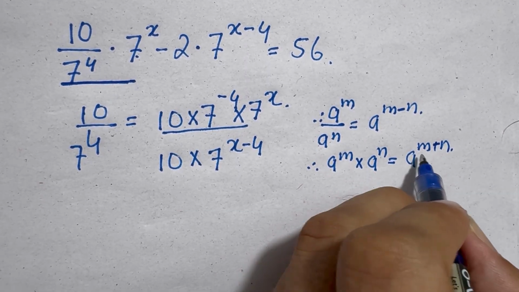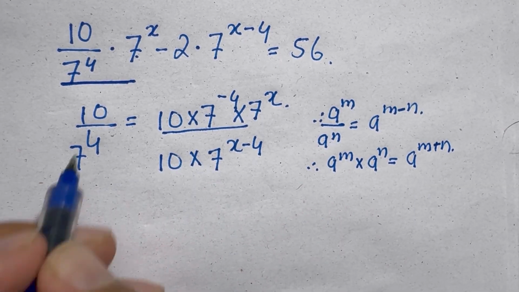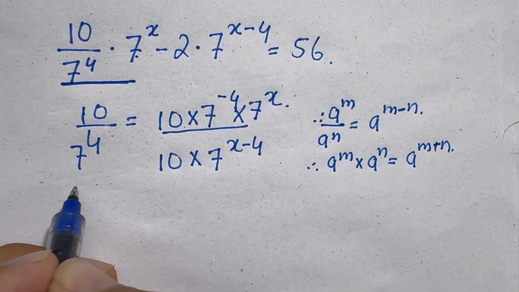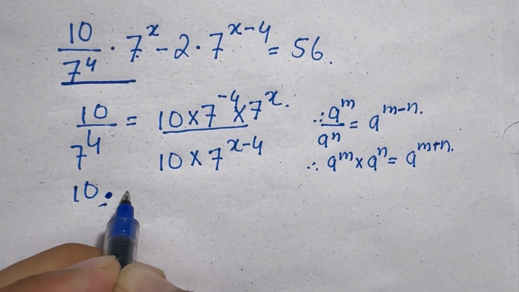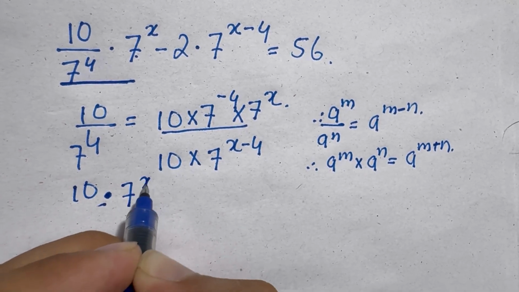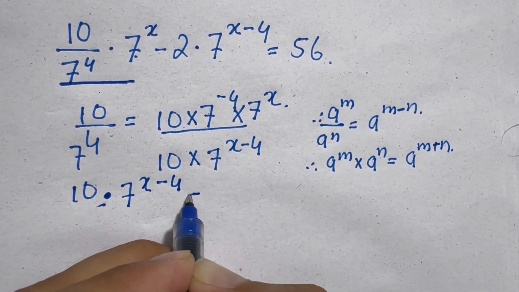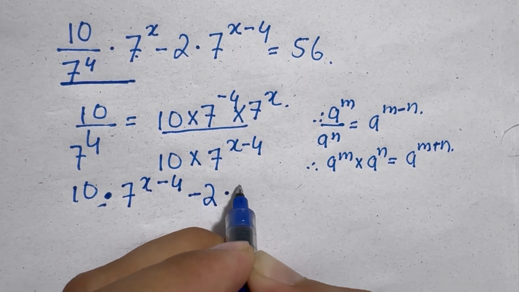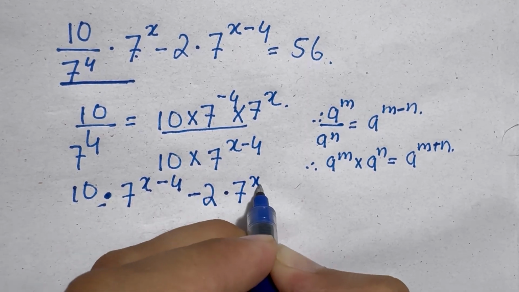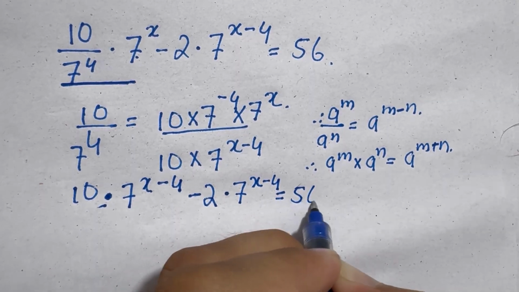So I can write this whole term as 10 multiplied by 7 power x minus 4, minus negative 2 multiplied by 7 power x minus 4, equal to 56.